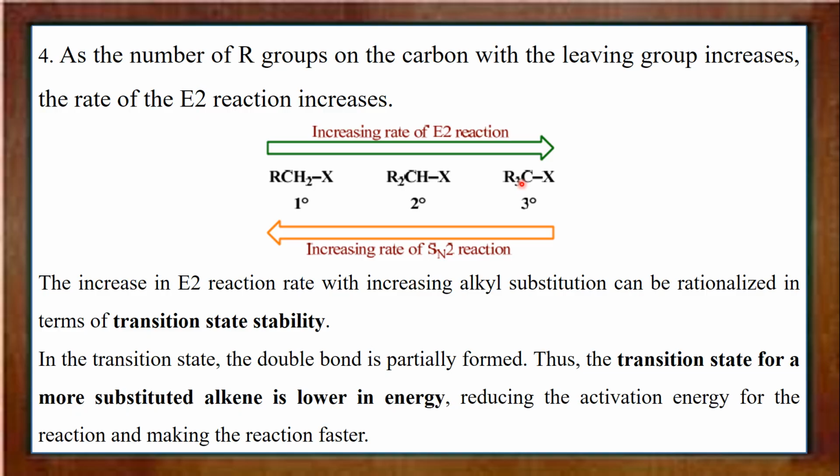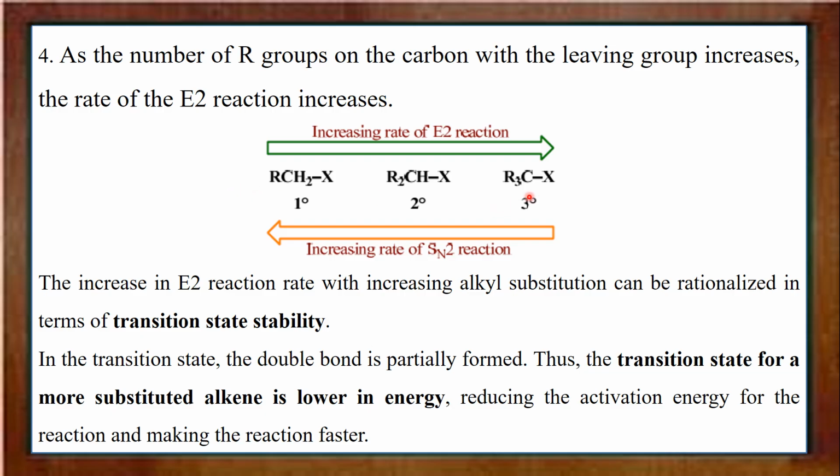So when the bond angle increases, the angular strain decreases. So the extent to which the angular strain or steric strain is removed is highest at tertiary alkyl halide.